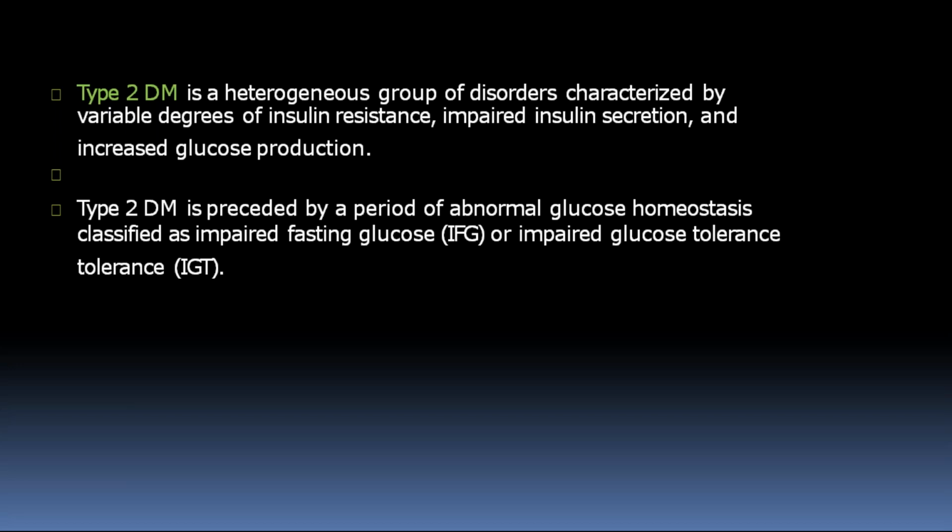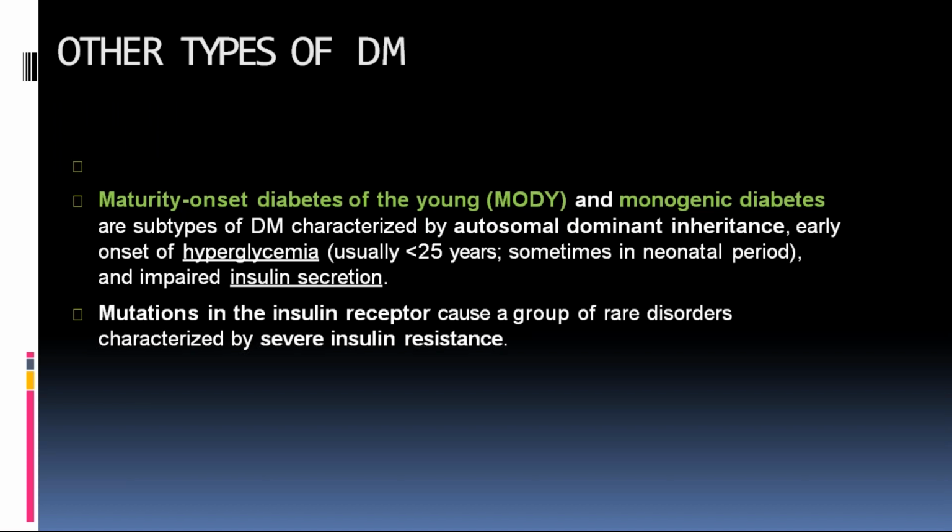Over time, it progresses from pre-diabetes to overt diabetes mellitus. Other types, like maturity onset diabetes of the young and monogenic diabetes, are subtypes characterized by autosomal dominant inheritance, with early onset of hyperglycemia, usually in patients less than 25 years of age, sometimes in the neonatal period, and impaired insulin secretion.